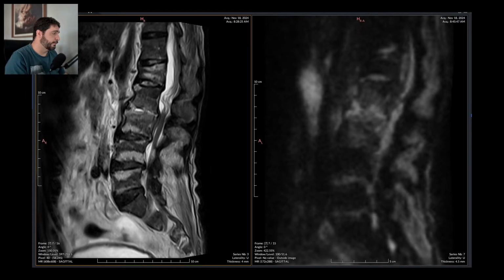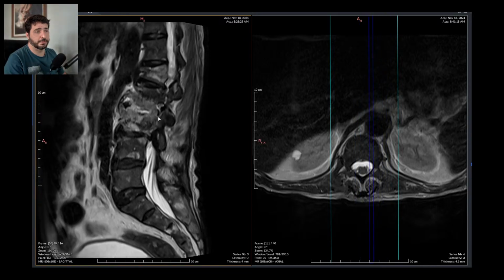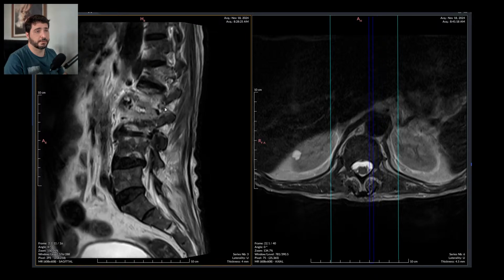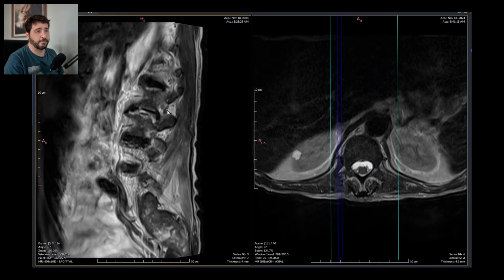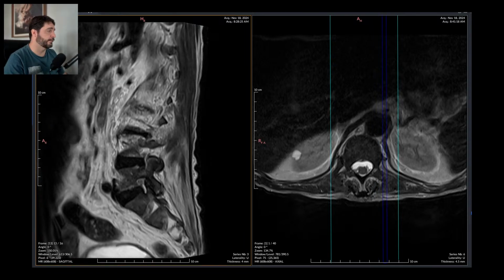There is atrophy of the muscles. Let's just see if we have neural foraminal stenosis. We do. Mild stenosis on L2, L3, and L3, L4 on the left.